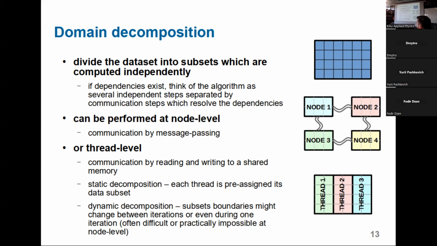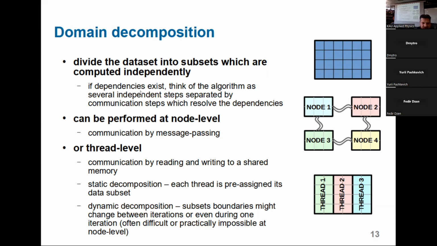Now, this might not always be possible. If it's not possible, then you cannot use domain decomposition. It is basically easy like that. But in many cases, it is possible. And then you have to think about how to implement those communication steps.